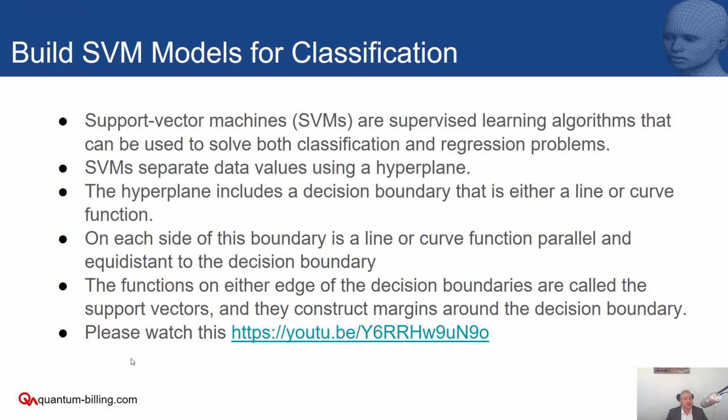Let's go. Support vector machines are a supervised learning algorithm that you can use for classification and for regression. You can use them to classify things like dogs and cats, male and female, whatever, into classes.